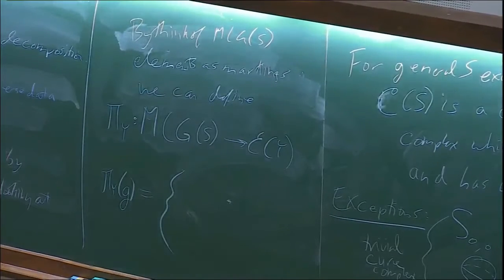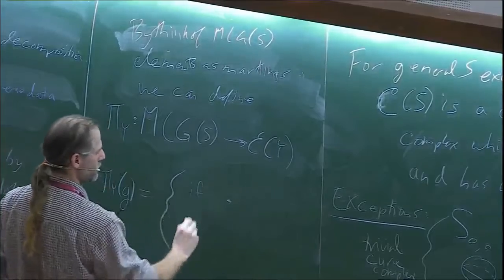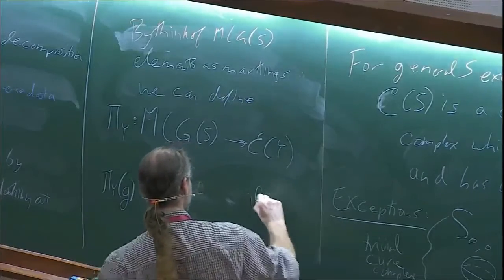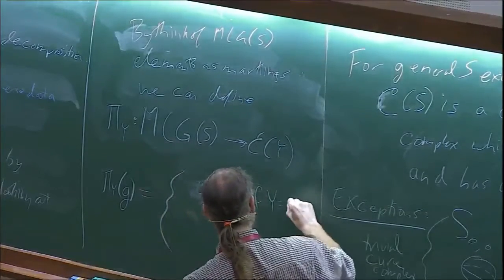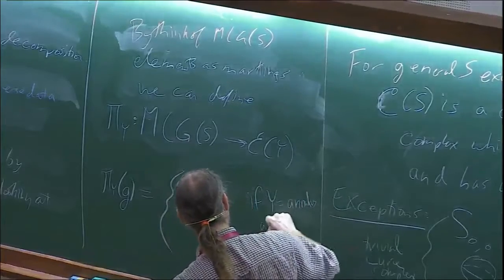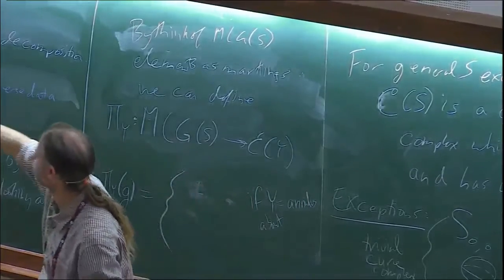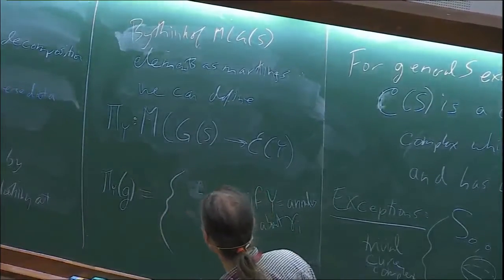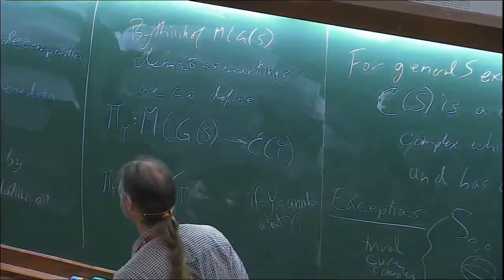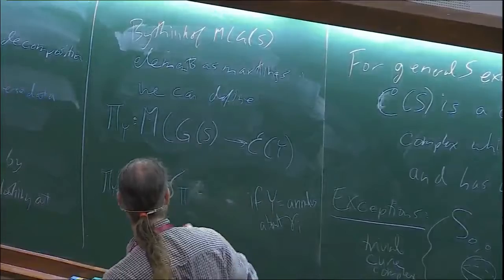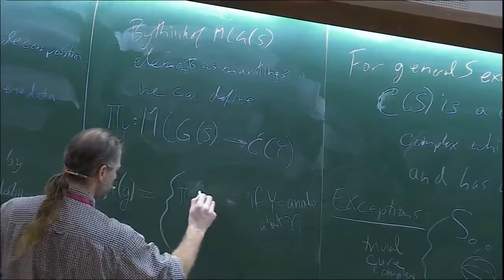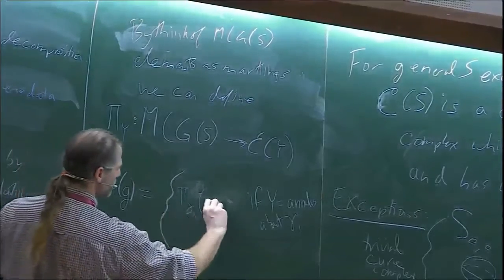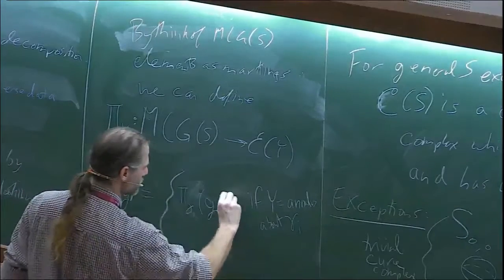So if Y is an annulus about one of these curves in the Pants decomposition, about some gamma i, then I'm going to use the projection to gamma i of the image of this transverse curve to i.